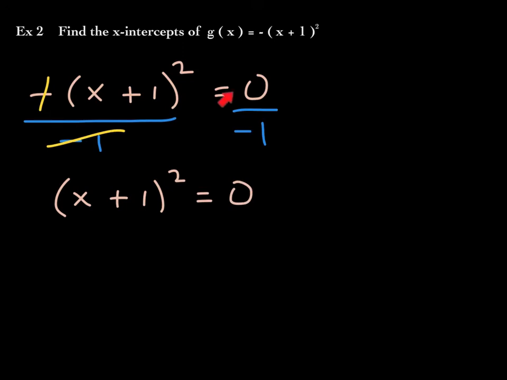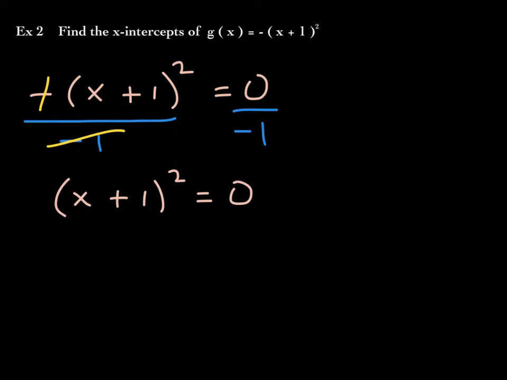0 divided by any non-zero number is just 0. Now, what I would like for you to do is to undo or eliminate this squared expression, or this exponent of 2. What will do that for you is taking the square root of both sides.